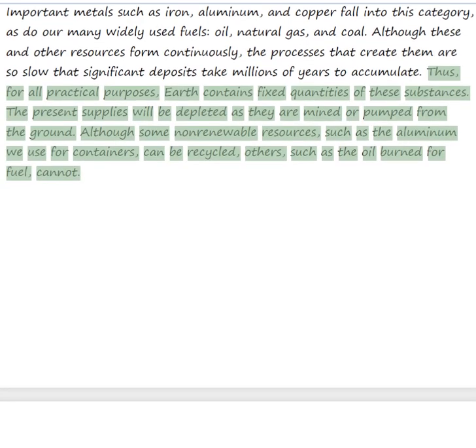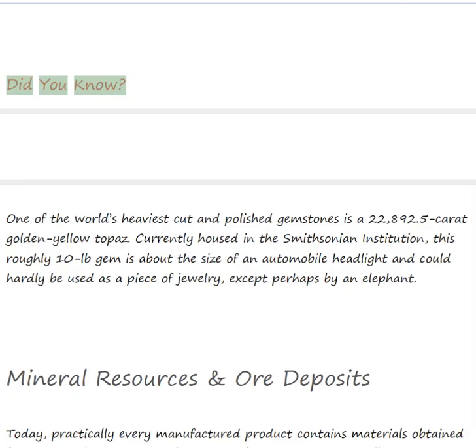Thus, for all practical purposes, Earth contains fixed quantities of these substances. The present supplies will be depleted as they are mined or pumped from the ground. Although some non-renewable resources, such as the aluminum we use for containers, can be recycled, others, such as the oil burned for fuel, cannot.